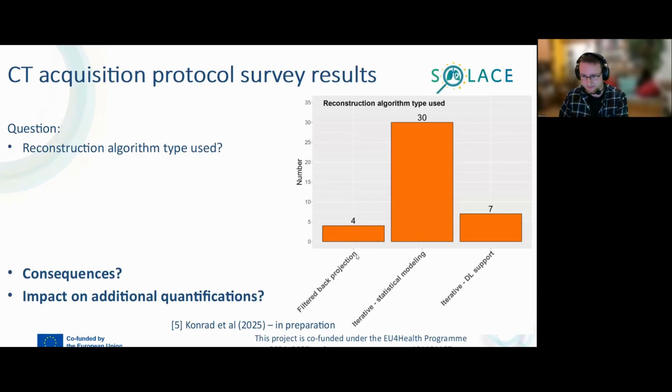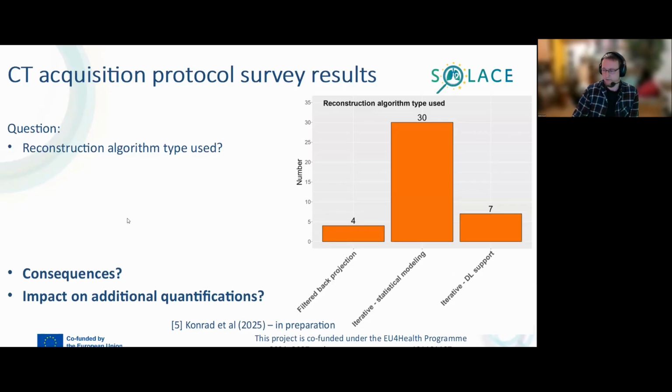But there are still some people using filtered back projection, definitely. Most people use statistical modeling based iterative reconstruction, but some are already using deep learning supported iterative reconstruction, which means that some type of AI is already involved in that.